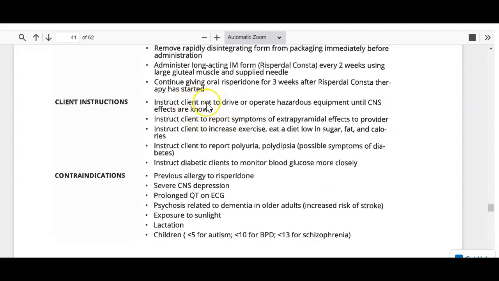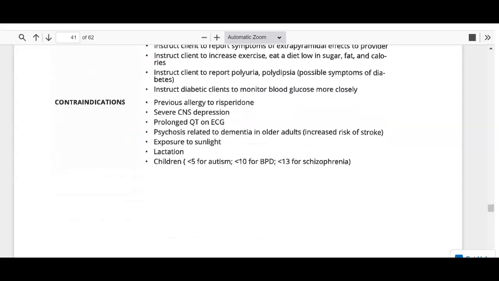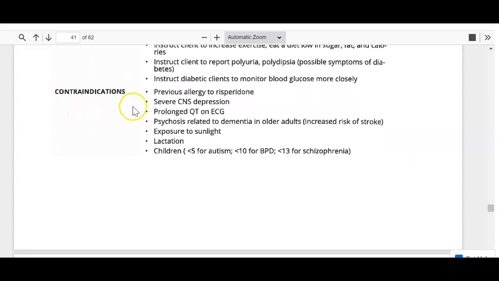Drowsiness precautions are identified here, and client education around those things, such as diabetes, especially the extrapyramidal effects. Contraindications include a prolonged QT interval. It's definitely important, but we'll discuss more about what that means when we get to cardiology.